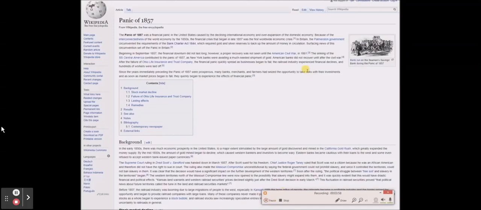There was a situation in 1857 where supposedly all these small little community neighborhood banks were having a crisis of not being able to pay out all their banknotes that they issued in gold or silver. So they called this the Panic of 1857.